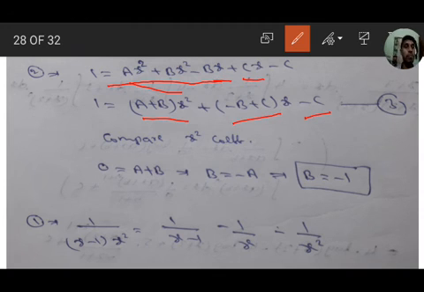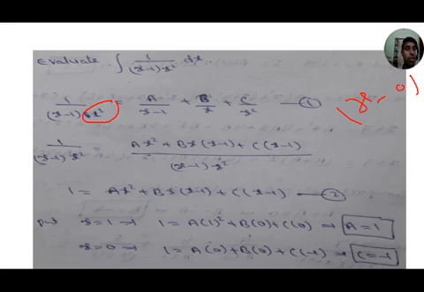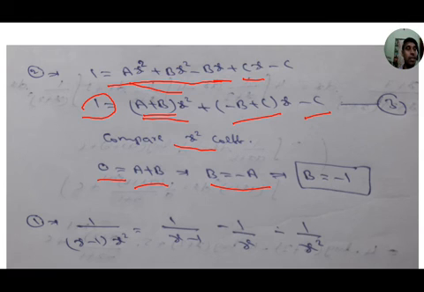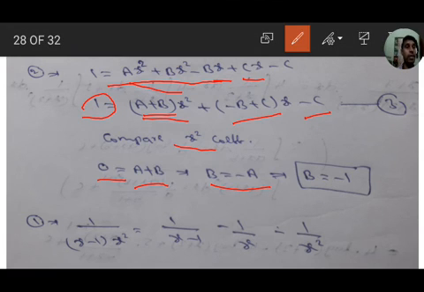So compare x square coefficient on both sides. Here no x square term, LHS 0, RHS a plus b, 0 equal to a plus b, and b equal to minus a. What is the a value? A value is 1, so b equal to minus 1.